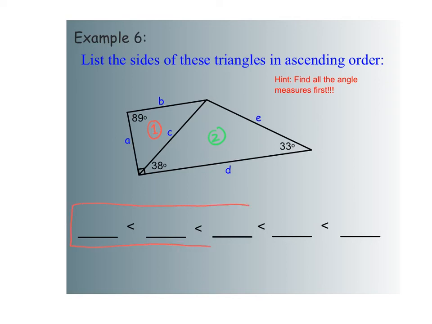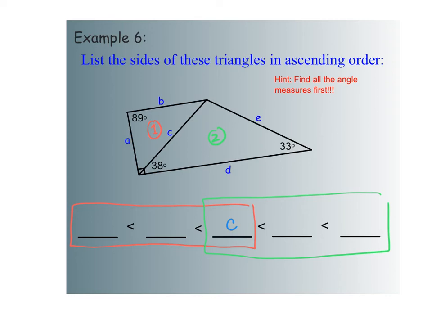So the sides of triangle 1 are going to fit within those 3 spaces. The sides of triangle 2 are going to fit between those 3 spaces. And the side that's shared will be side C. Right? You can see how those two triangles share that side.